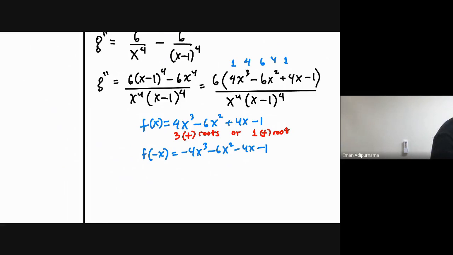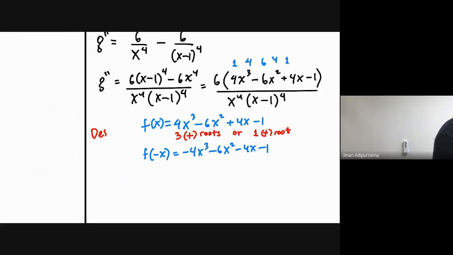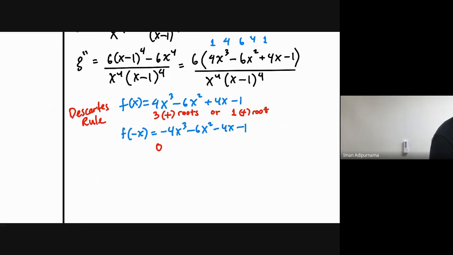If you want to know the theorem, it's called Descartes' rule of signs. And in negative, it's all negative, so we are saying here we will have 0 negative roots. This means the number of positive roots will be 3 or 1, and the negative will be 0.